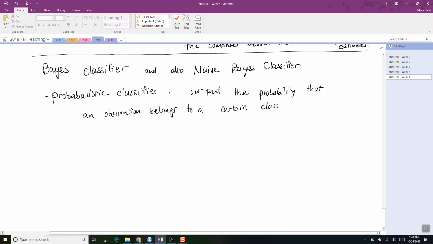Even though it says Bayes classifier and naive Bayes classifier, this is not a Bayesian statistics method. It uses Bayes' rule, but it's not a Bayesian statistics method.